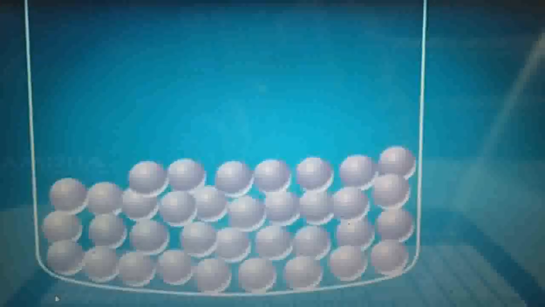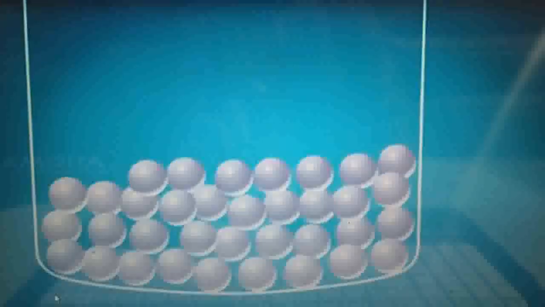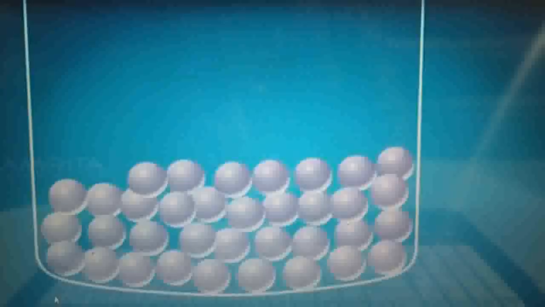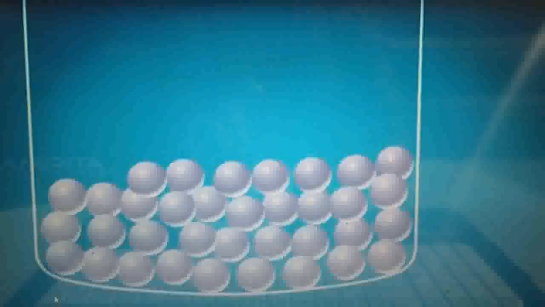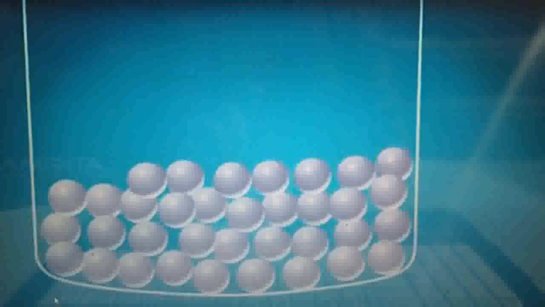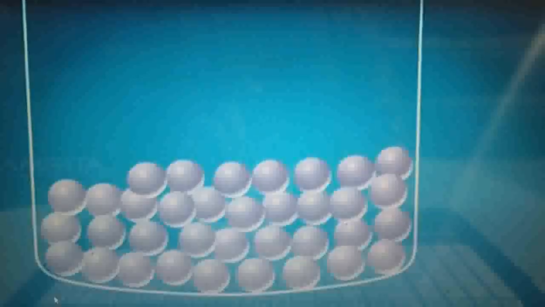And children, can you tell me what type of matter we call it when these molecules are tightly packed? Yes, they are now becoming solid as their shape becomes fixed and stable. So this process of conversion of liquid to solid, we call freezing or solidification.